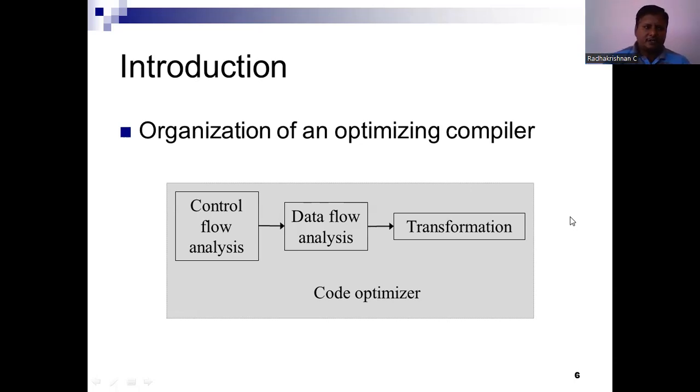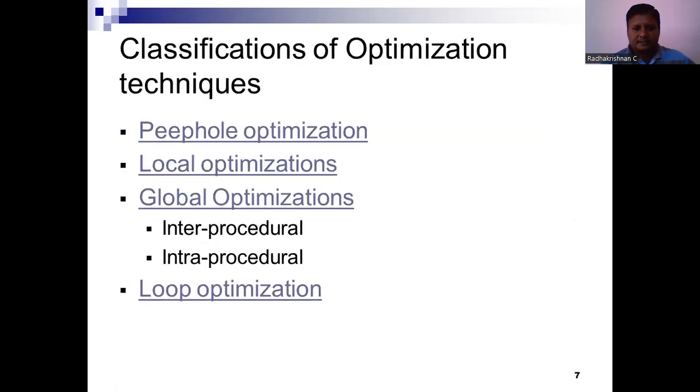Control flow analysis means we focus on how the program will be executed, with the flow of instructions from the top of the program to the bottom, and how the data is passed from one line to the next. The corresponding transformations will then be followed. The entire process is called the code optimizer.